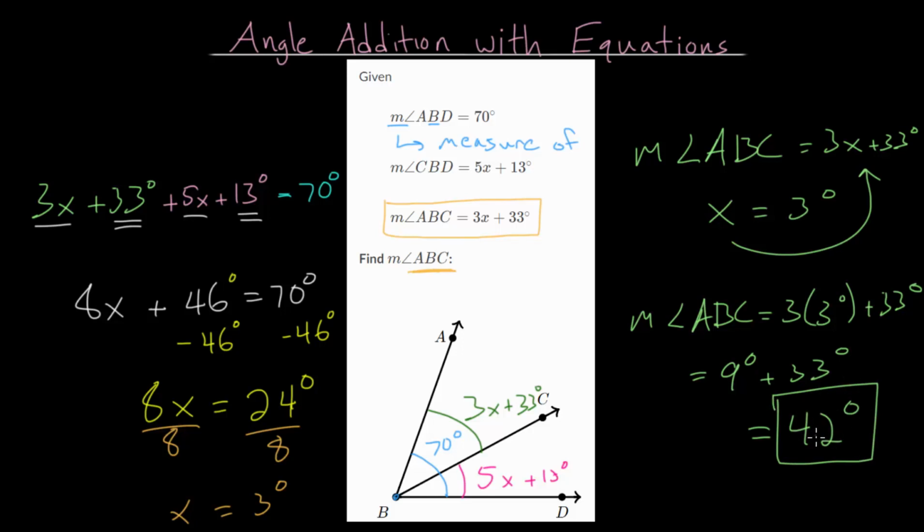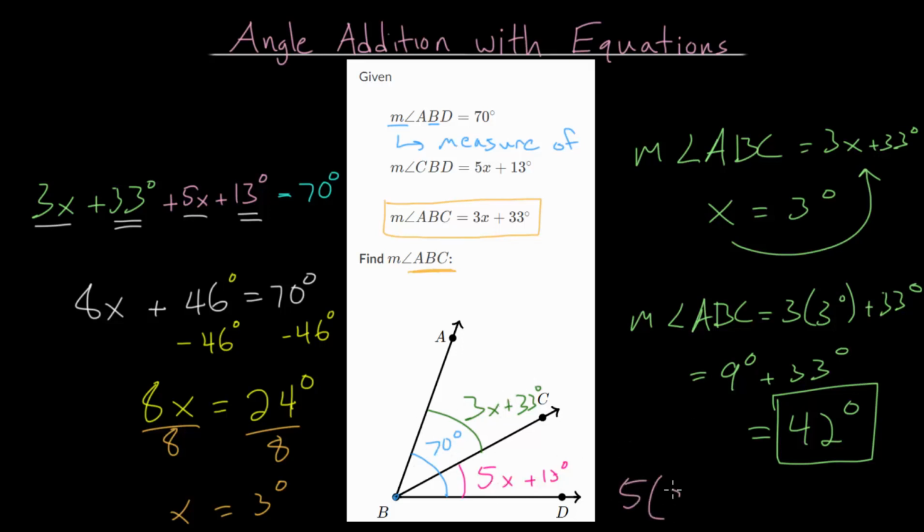And this is what we think is the answer. But to check this, we could also plug x in to angle CBD, this pink one here. So let's do that very quickly. And then if we add these two angles together, they should be equal to 70. So if we found the correct x value, then these two will actually add up to 70 when we plug x in.